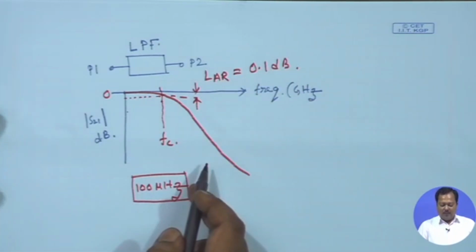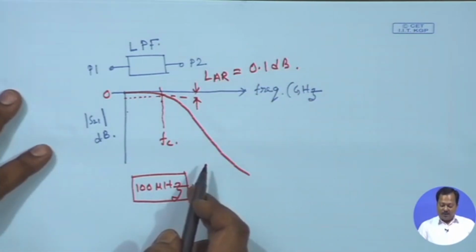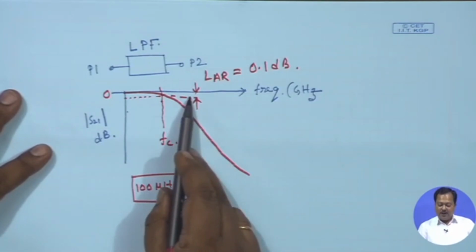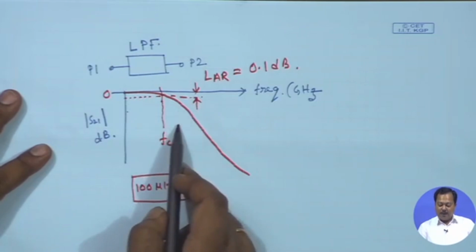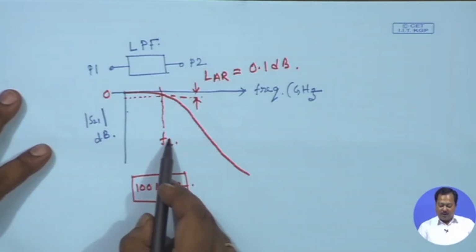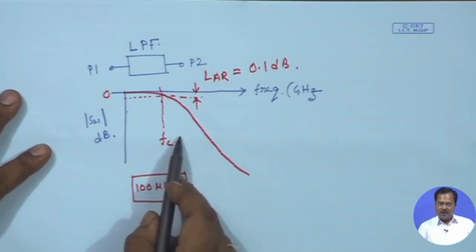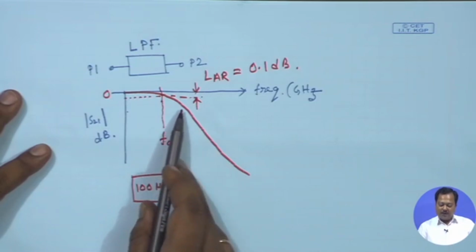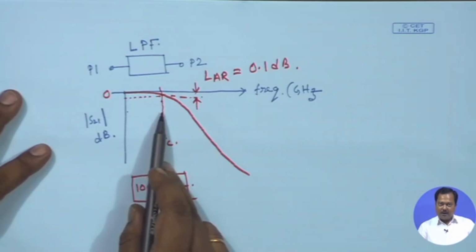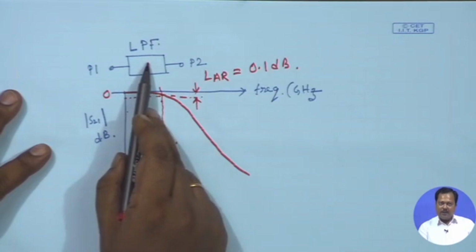Now, in filter applications, many times we simply define 3 dB cutoff frequencies, but not here. If I define my 3 dB cutoff frequency at FC equal to 100 megahertz, that means I am already assuming that 50% of the power near the cutoff frequency is being attenuated by the low pass filter, which I do not want.